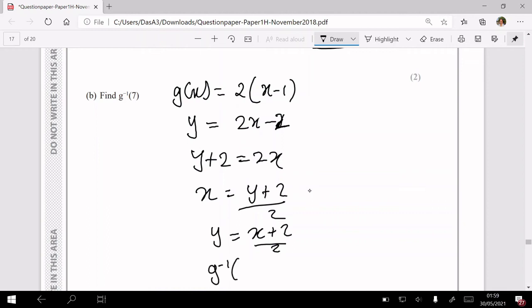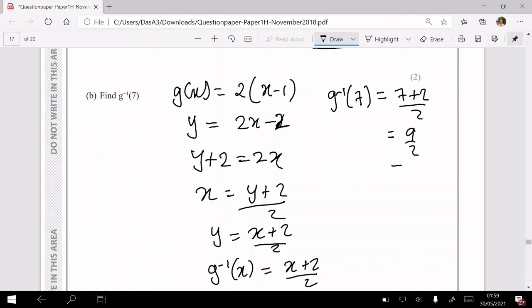So g inverse of x is equal to (x plus 2) over 2. But you know that g inverse of 7 is what they want you to work out, so you literally substitute 7 in: 9 over 2, equal to 4.5.